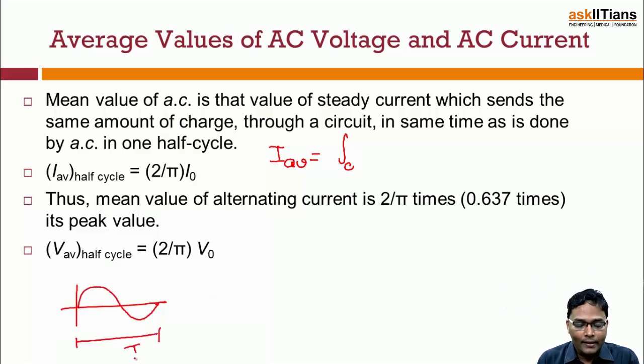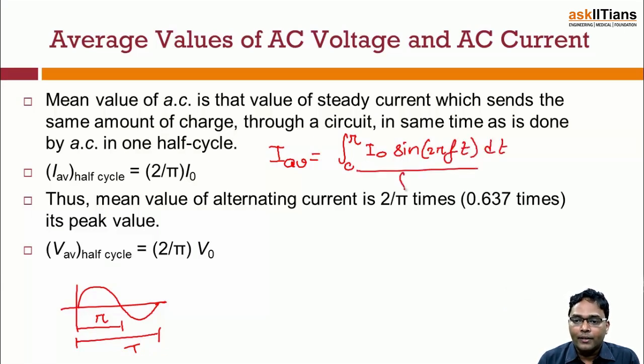For half cycle, effectively you integrate from 0 to T by 2, and T by 2 corresponds to an angle of pi. So effectively you will be integrating from 0 to pi, and here you will get I naught into sine of 2 pi frequency times the time, dt, and in the denominator you integrate from 0 to pi dt.